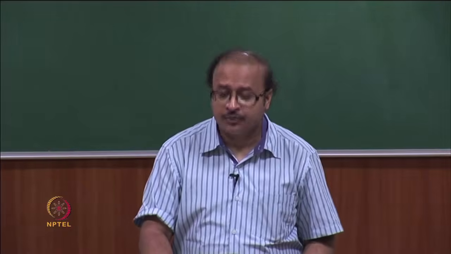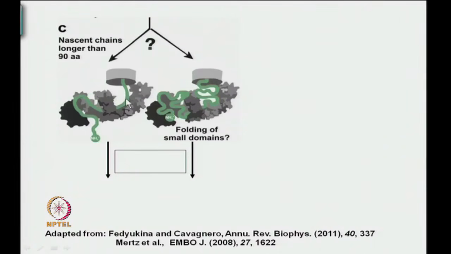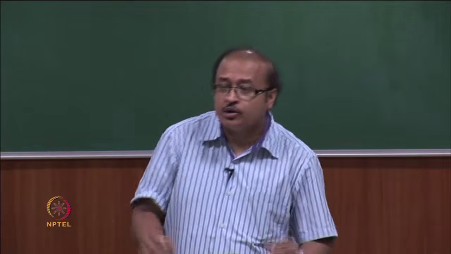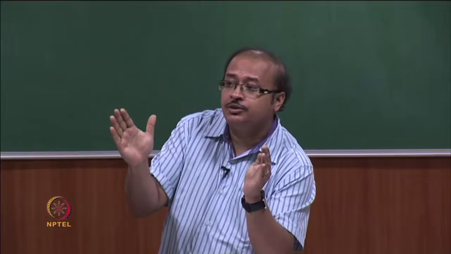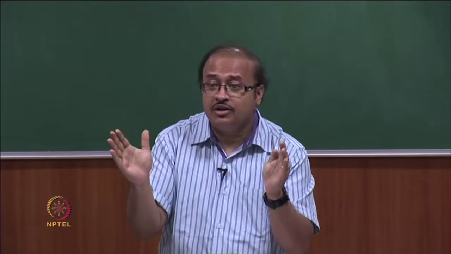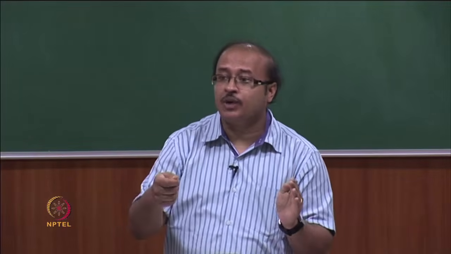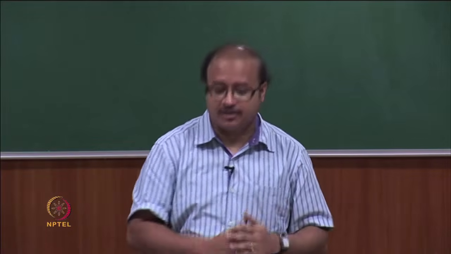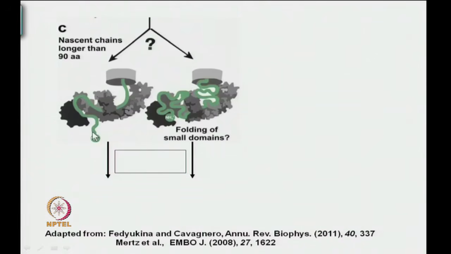For example, here this green one just starts coming out. That means the trigger factor realizes that the protein is elongated, so it only engulfs that portion which it can cover through its entire stretch. The rest, which cannot remain within the trigger factor, is coming out and dangling into the cytosol.